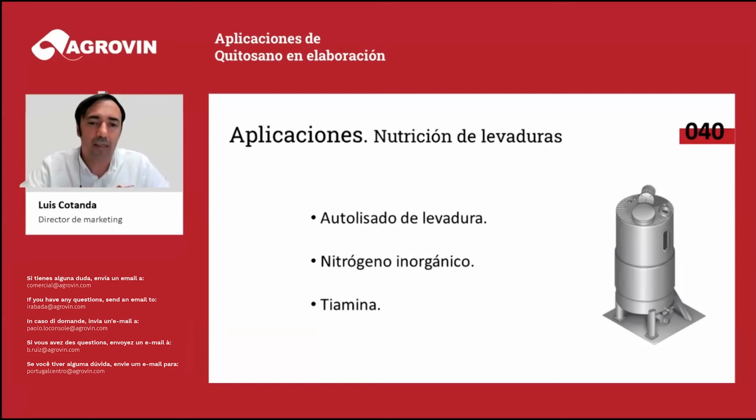We know that due to the aromas and to avoid a possible reduction in the fermentation speed because of the multipliers, we need the nitrogen to be assimilated very quickly. You know that inorganic nitrogen is assimilated much, much faster than organic nitrogen.